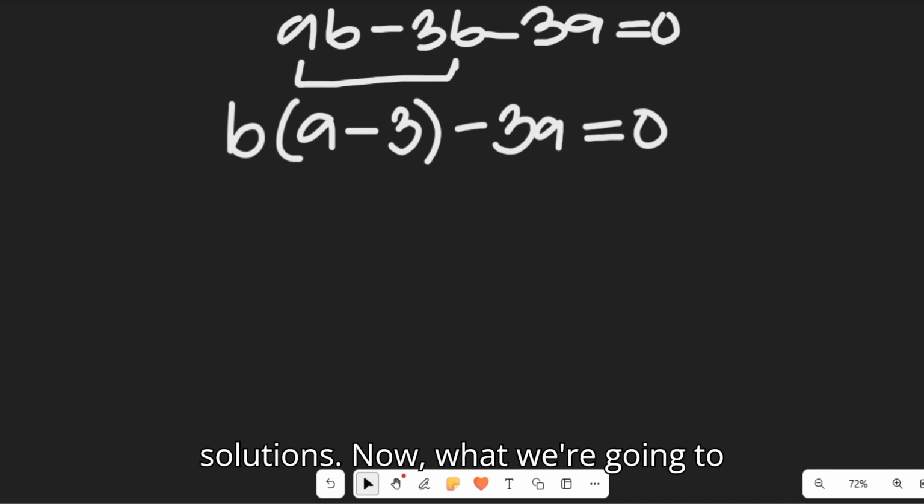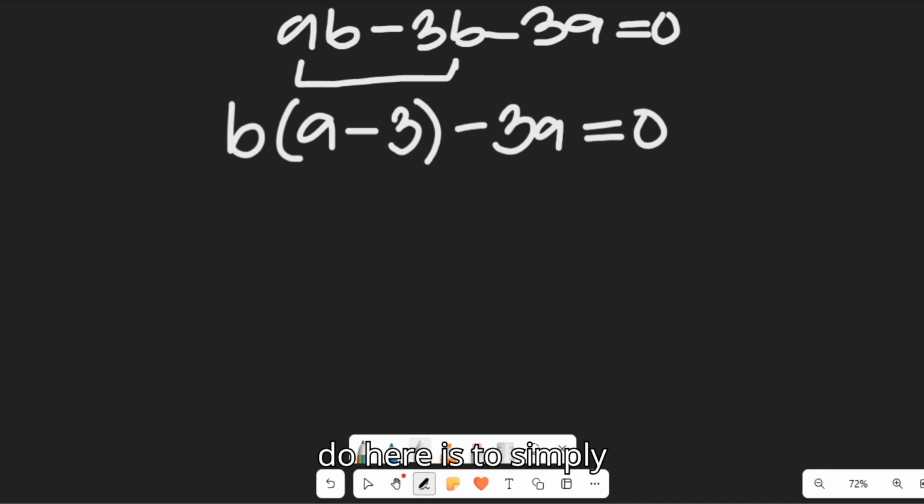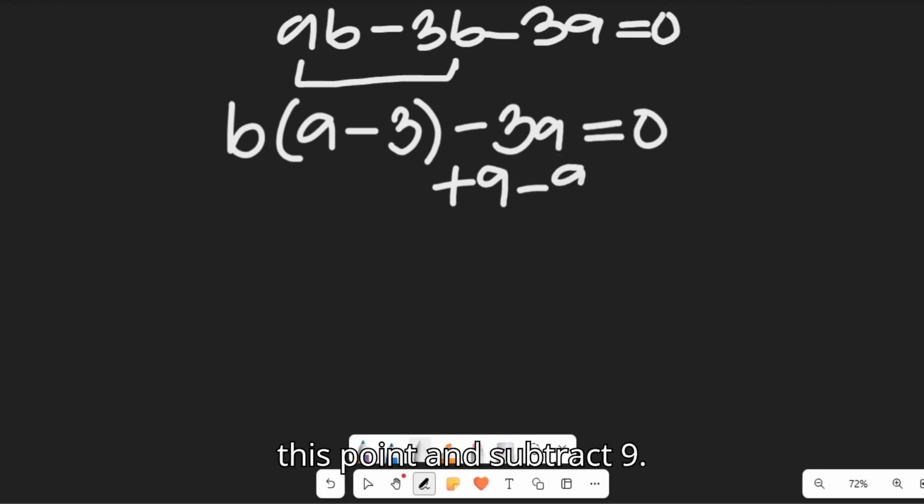Now, what we're going to do here is to simply add 9 to this point and subtract 9. If you add 9 to minus 3a and then subtract 9, we have not changed anything.